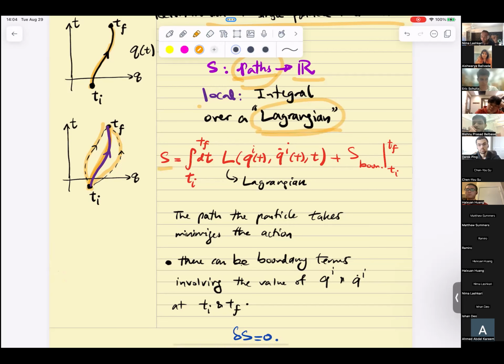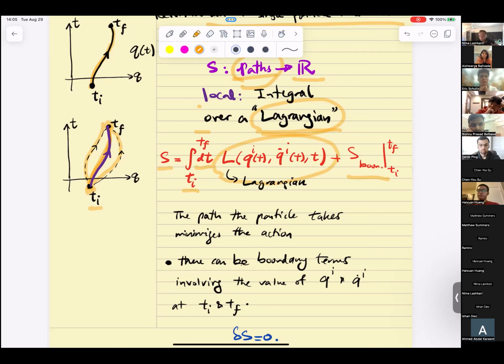So this action, a local action, will be an integral from initial time t_i to final time t_f, dt, of a function of every point, which we're going to call the Lagrangian, plus potentially boundary terms. Well, let's forget boundary terms. Boundary terms are just contributions coming from t_i and t_f. Let's ignore them for now. I will come back and talk about boundary terms, all right? So let's just work with this simple expression.